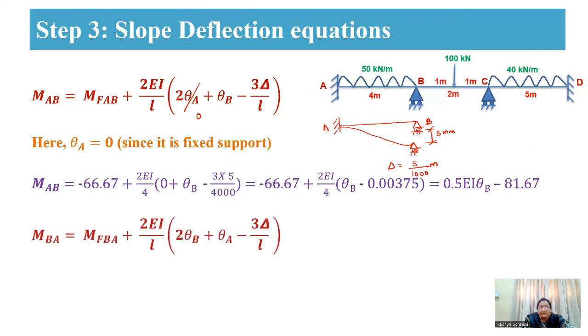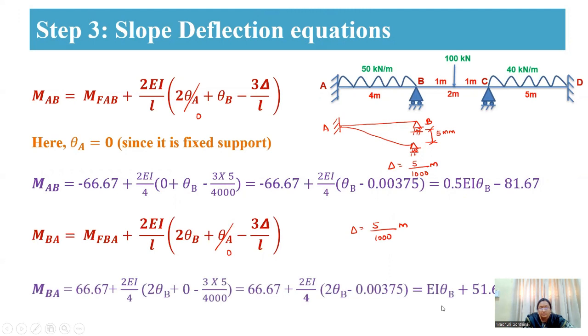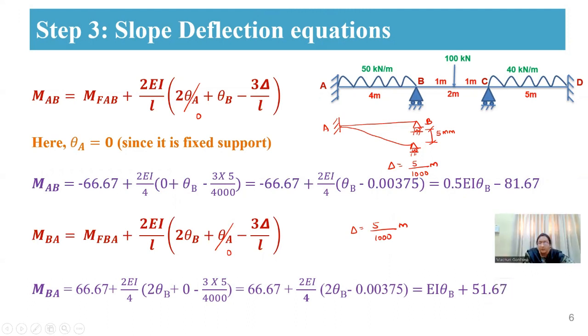And similarly, MBA also. Here also theta A is 0, delta is equal to 5 by 1000 meters you're going to substitute. And in the next equation, you're going to simplify. And finally, you're going to get MBA as EI into theta B plus 51.67. So this is your next one.